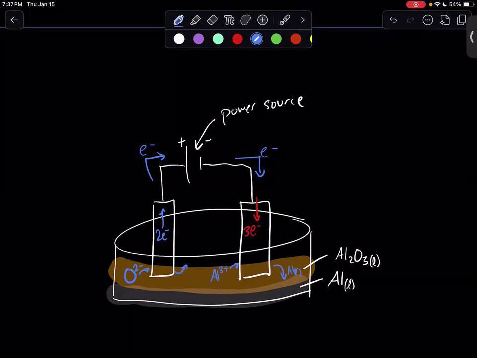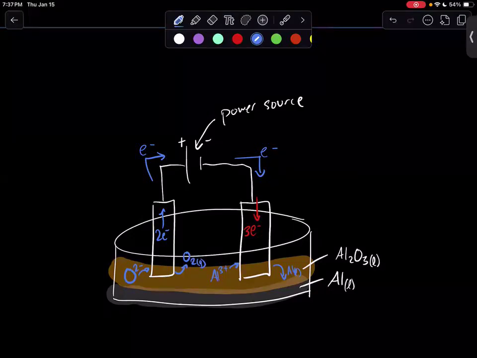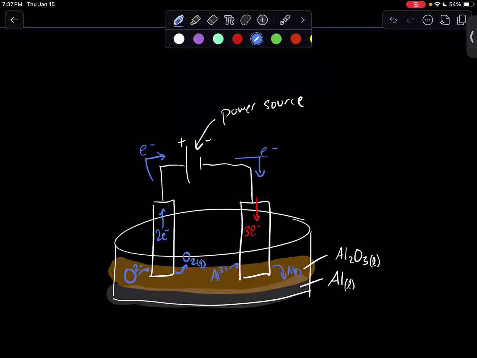And coming off it is going to be our O2 gas, which, again, this will react to form CO2. So I'll just throw a little C in there. And this is our electrolytic cell. Now, we can remember that because aluminum is being reduced, we know that the right side is our cathode and the left side is our anode.